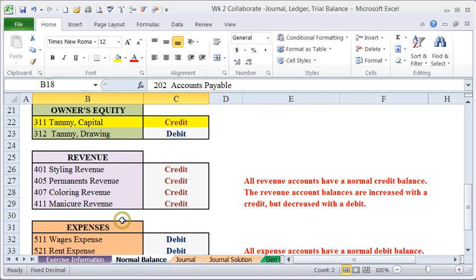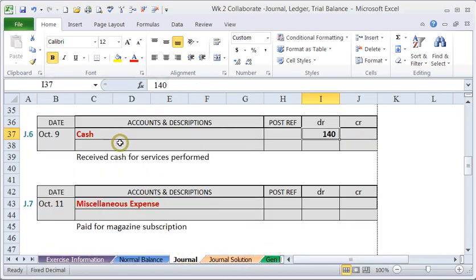All revenue accounts have a normal credit balance. We want to show that he's earned more revenue now, so we're going to increase his revenue account with a credit of $140 by putting that $140 in the credit column. Again, debits equal credits.